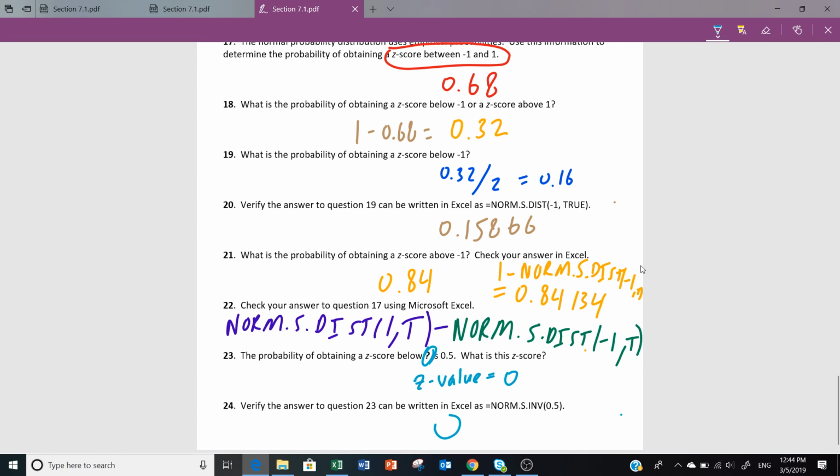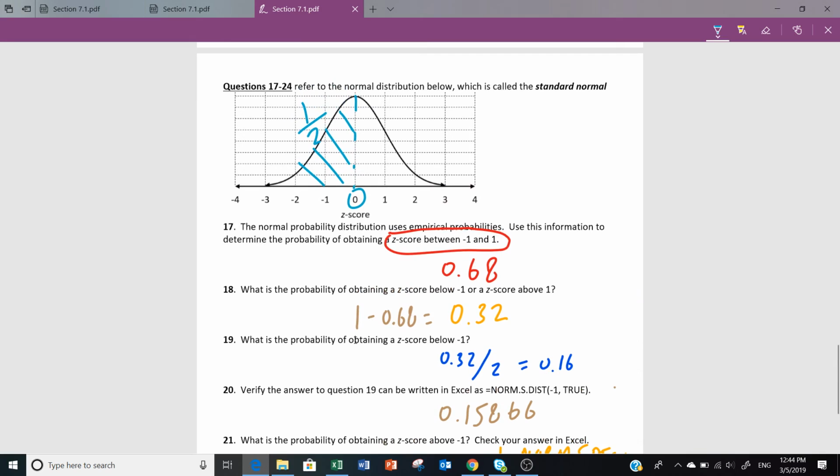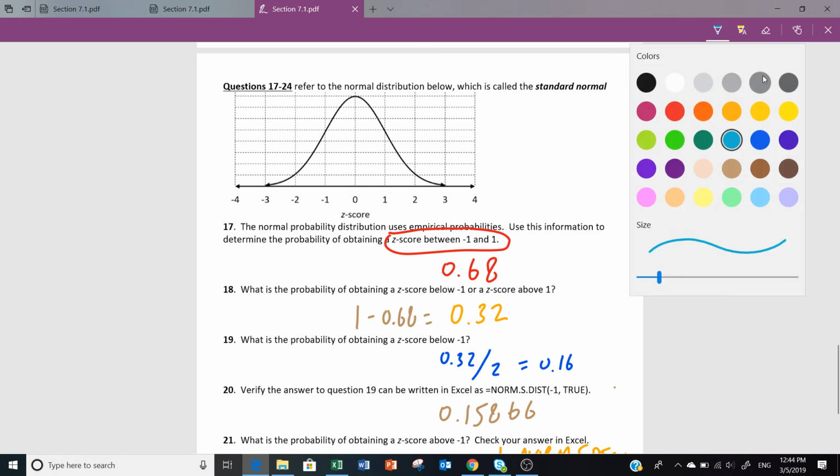Yes? So if it was like, for example, 1.5, it would be 1.5, I think it's 0.16. Oh wait, here we go. Here, if we're looking for the z-value where the probability below is 0.16, that's a good question. Let's stay real quick because there are going to be problems in the homework like this.